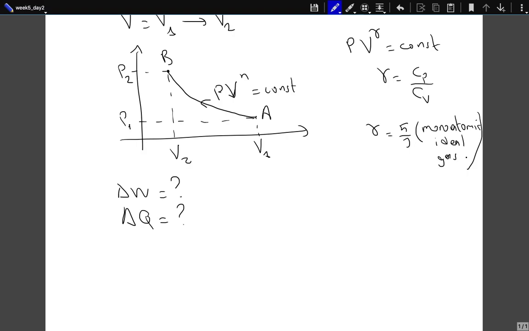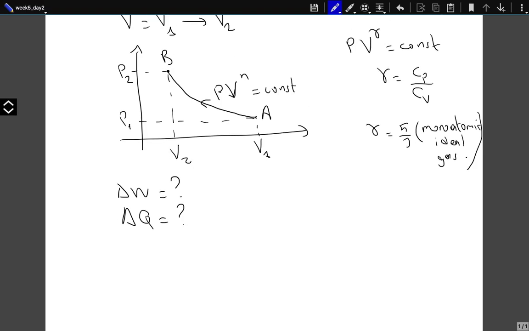If this is a monatomic ideal gas and during that process n is 5/3, this is an adiabatic process, but it doesn't have to be. So how should we go? We can calculate the area under the curve.